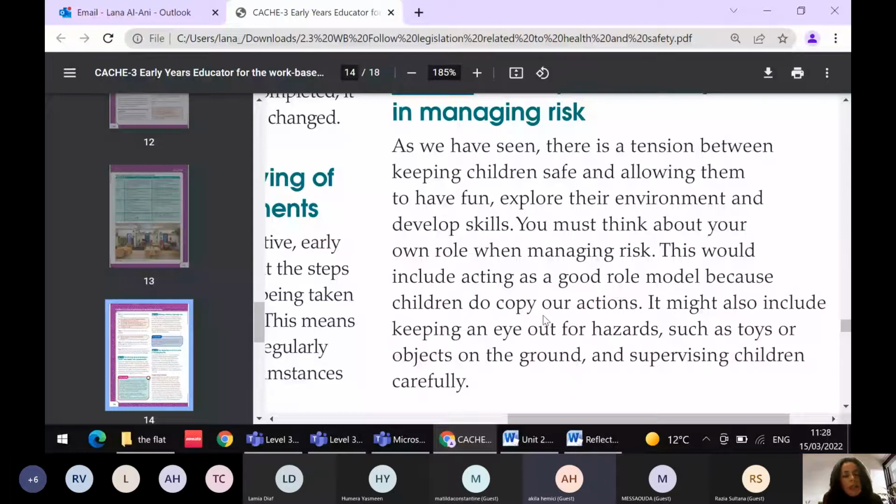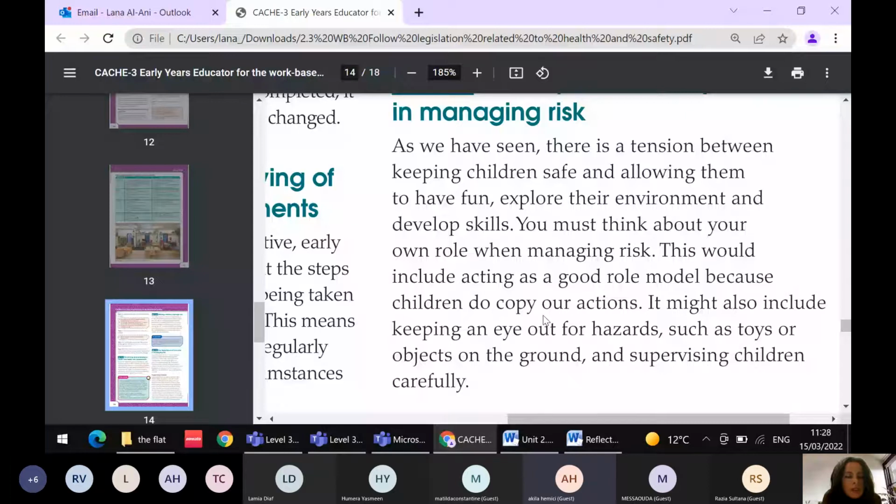And also I act as a good role model to keep the children safe. So always do the best practice. If there is anything dangerous, I don't do it. So the children will be copying me at all times.